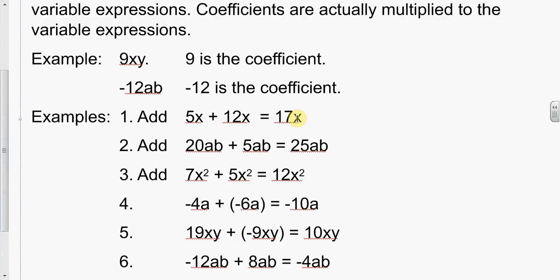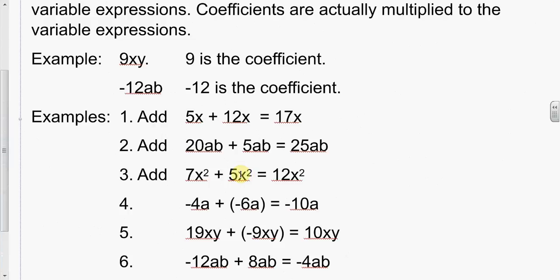We leave the variable expression unchanged. 20ab and 5ab, well, they both have ab, so they're like terms. We add the coefficients. 20 plus 5, we get 25. You keep the variable expression unchanged, 25ab.